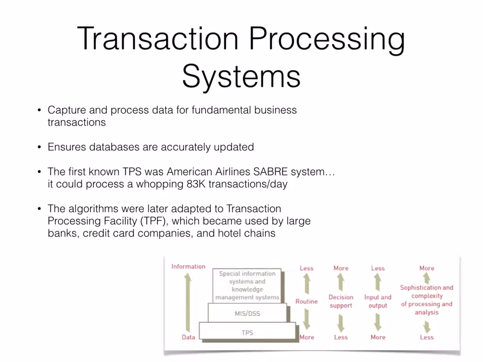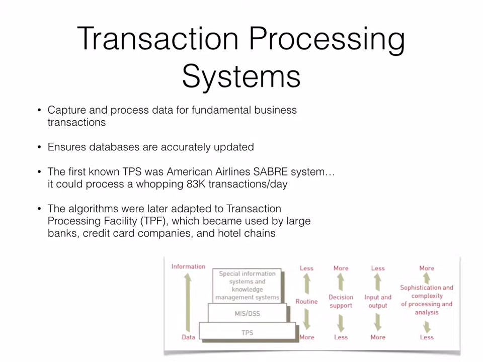So the figure below in this slide shows where transaction processing sits with respect to other types of systems that we're going to talk about in this lecture. Transaction processing systems sit right at the base, at the data level or layer, below management information systems or decision support systems, which we'll talk about in this lecture.